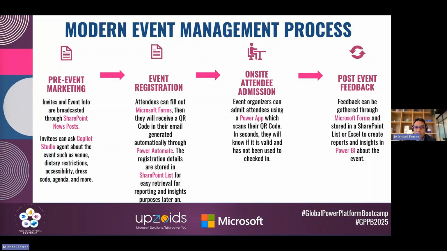And then on the on-site attendee admission, once the event comes, event organizers will be able to use a Power App, which I'll show you later on also, to scan that QR code that the registrants receive in their email, and in just seconds the organizers will be able to know if it's a valid QR code, and if it has been used already.